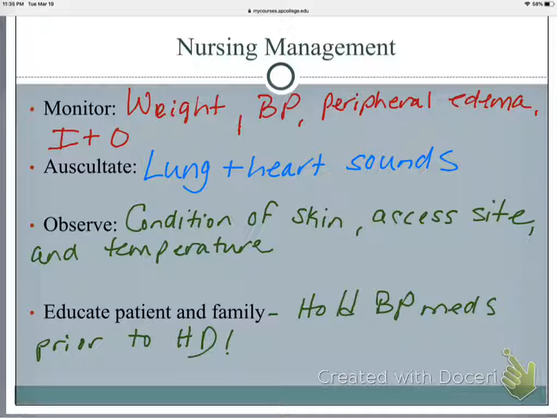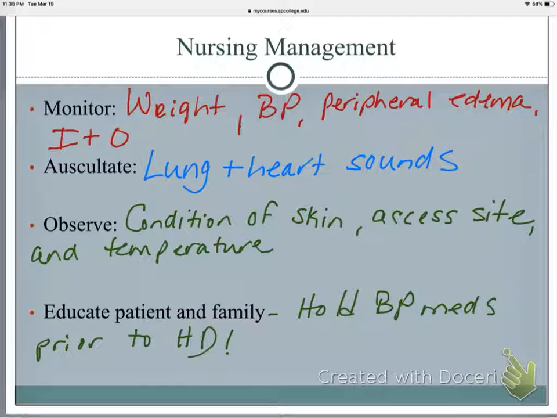So we're monitoring for edema, our blood pressure, intake and output, because some of these patients can still urinate. We're going to do that as nursing, pre and post. And I always communicate with my dialysis nurse.